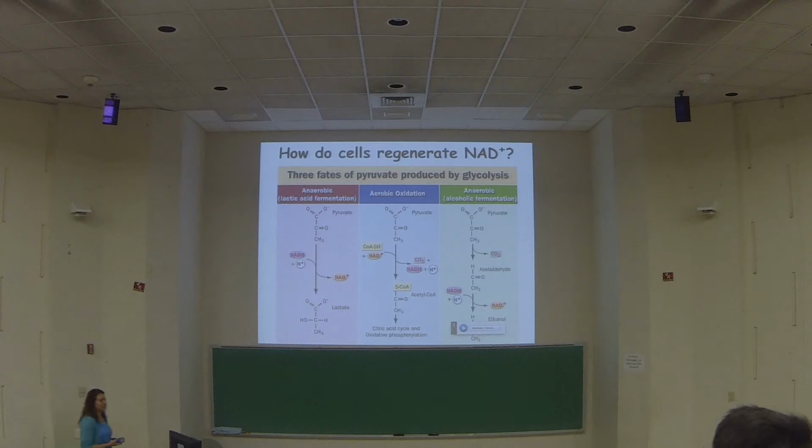So in the absence of oxygen, cells can regenerate NAD+ by using pyruvate itself as an electron acceptor. We're going to look at two specific examples of that: lactic acid fermentation and alcoholic fermentation.